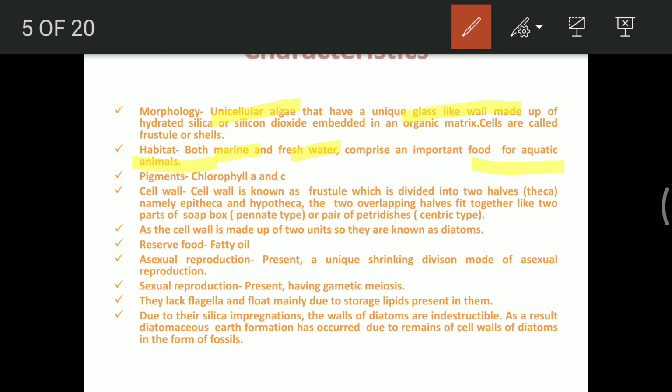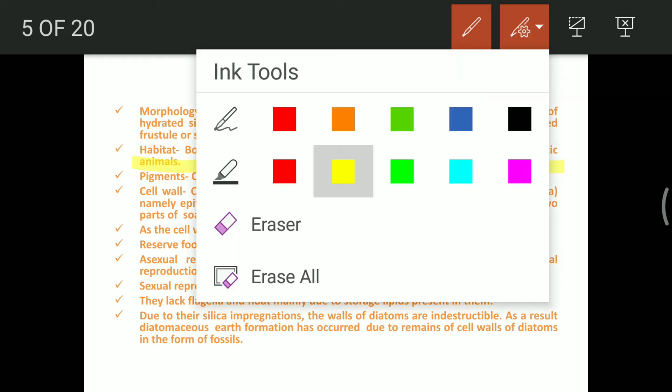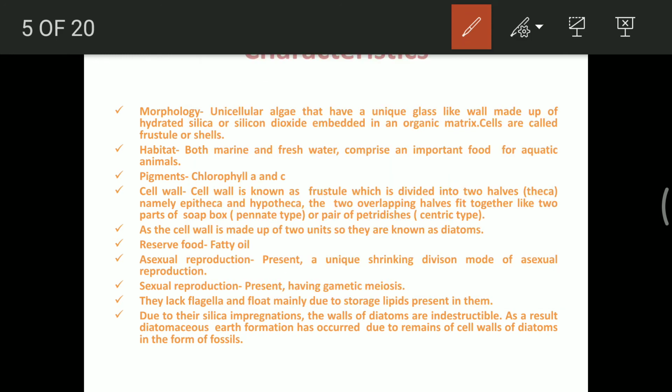The pigments present in these organisms are chlorophyll A and C. Chlorophyll A is the one which helps in photosynthesis to a much higher extent.